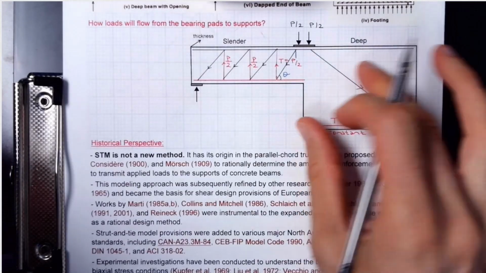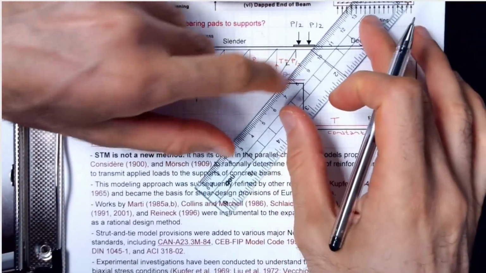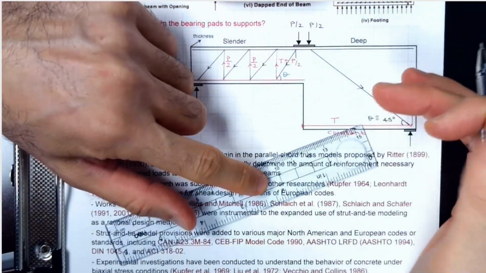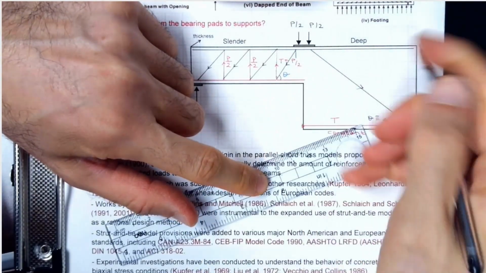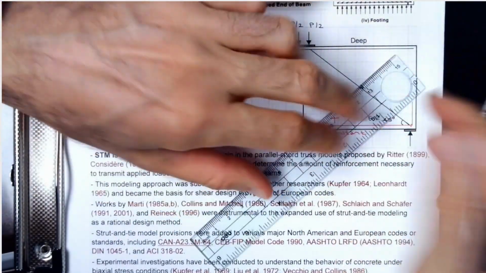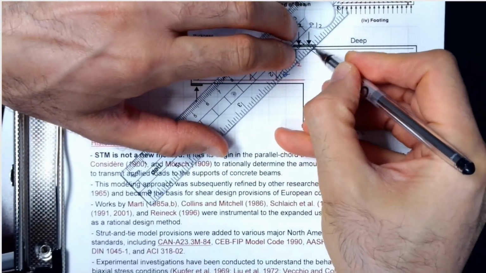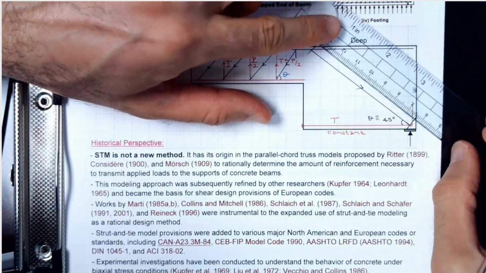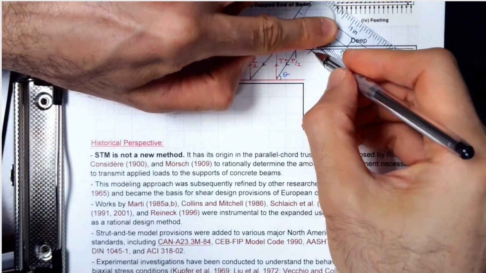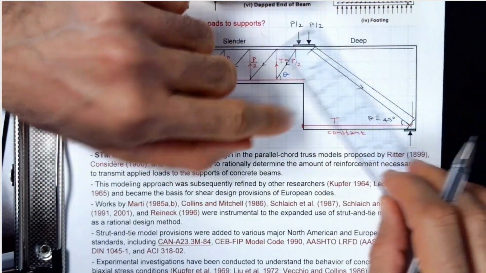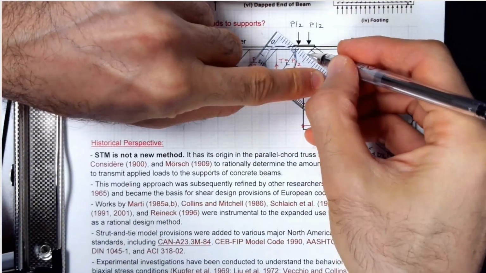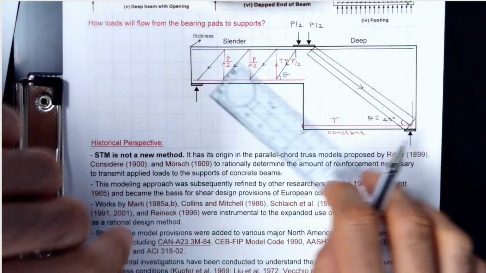So in a deep member, what you need to do is to create a truss model. This is a truss member, and it has to have some area. So what you need to do is to develop that area for that strut, right? Something like that.